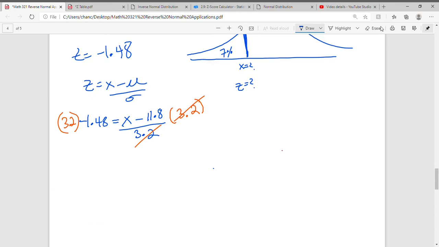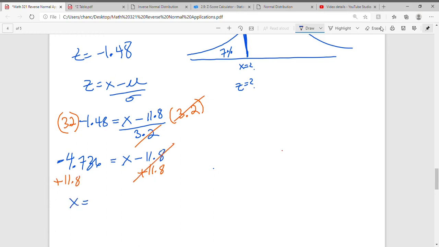We have 3.2 times negative 1.48 is negative 4.736 equals x minus 11.8. Let's add 11.8 to both sides.